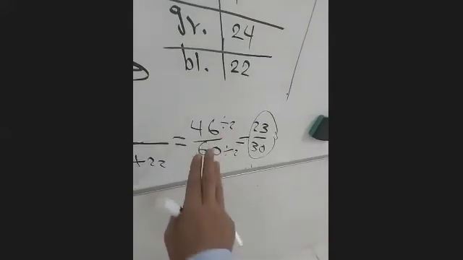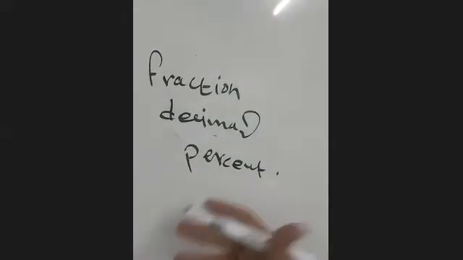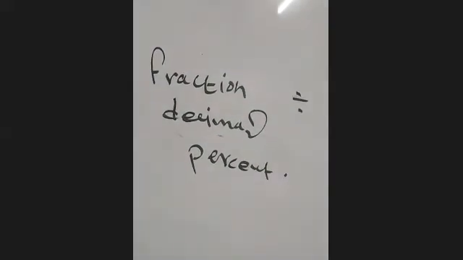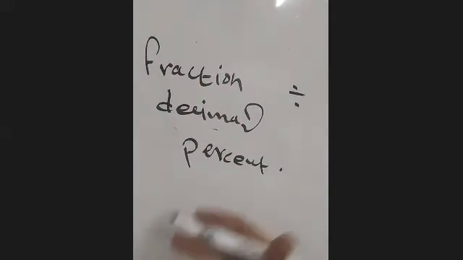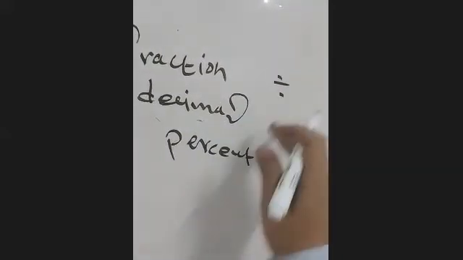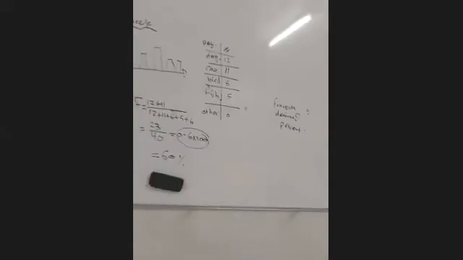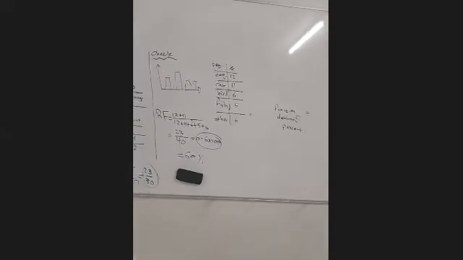No, do the simplest form. After you make the fraction, stick with the question. If the question wants a decimal, make the division. If the question wants a percent, multiply the decimal you have by what? By 100. The answer will be the percent of it. This is the idea of the lesson. Hope you understand it very well, guys.